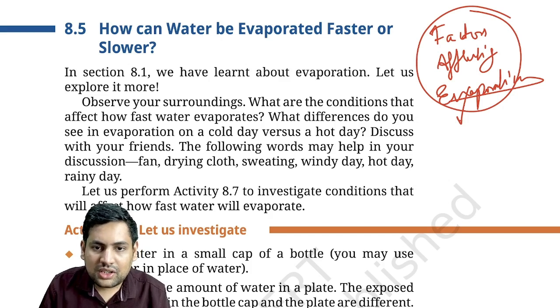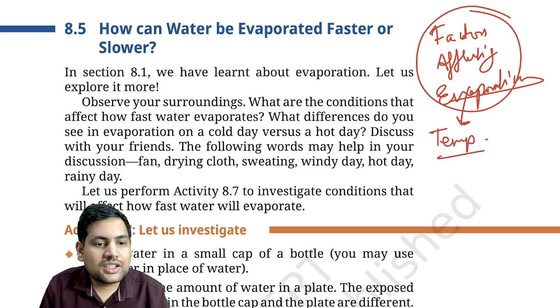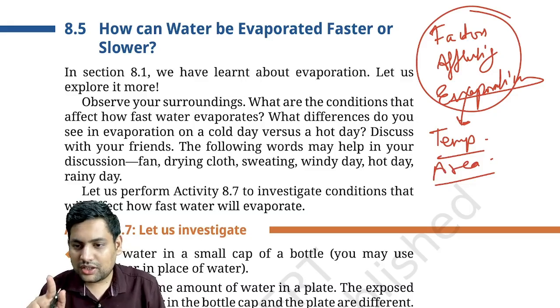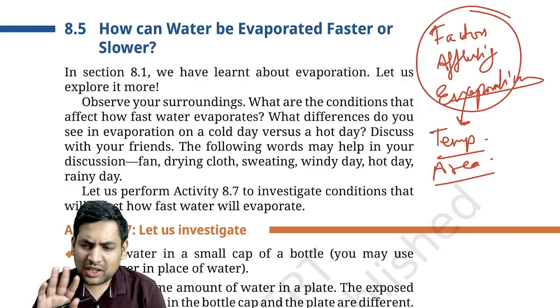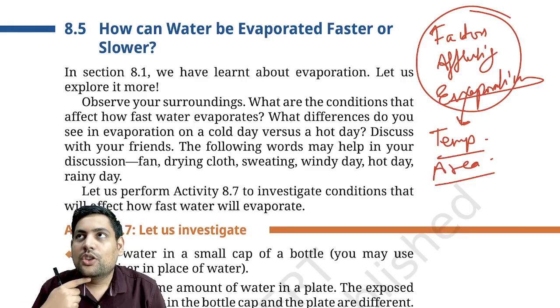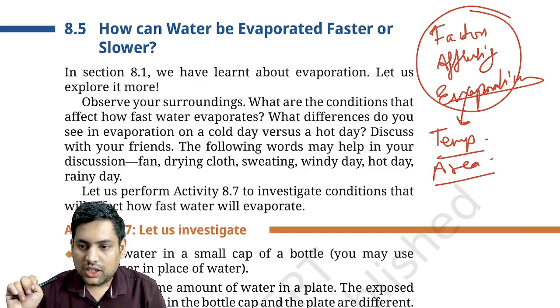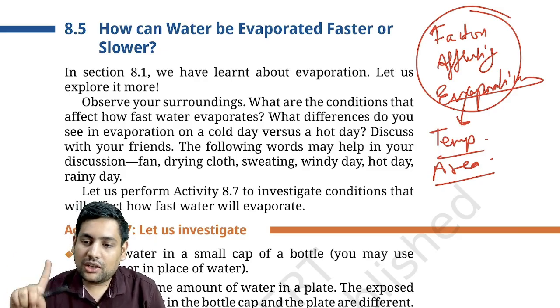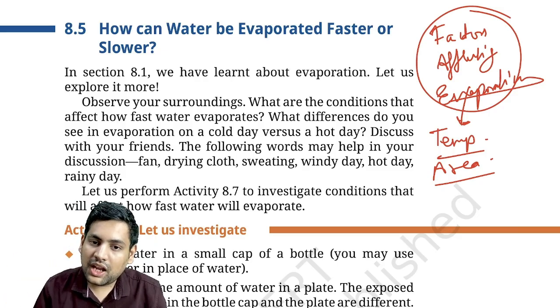Evaporation is affected by, first of all, the temperature. Let's see what they have written. Okay. Anyway, temperature, then area. See, temperature, you understand with real life examples. You put your clothes outside in the sun. Now, if it is a sunny day, the temperature is high, the clothes get dried faster.